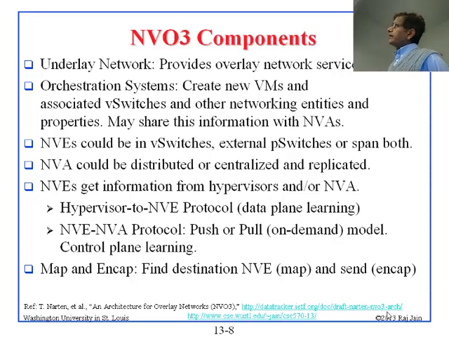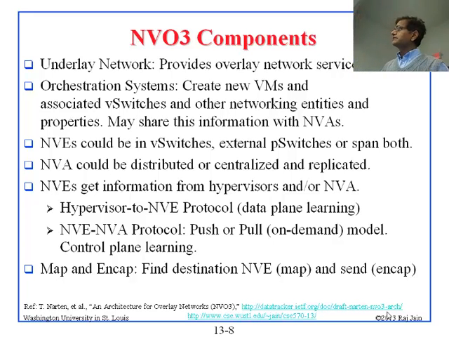So underlay network, we already defined that. Underlay network provides the overlay network service, which is basically the physical network. Orchestration systems. So we have already used the word orchestration before. Orchestration systems are the ones that create new VMs and new switches, new network entities. So this could be a program or a web page where you go and put something in, and you say, I want 100 VMs connected like this.